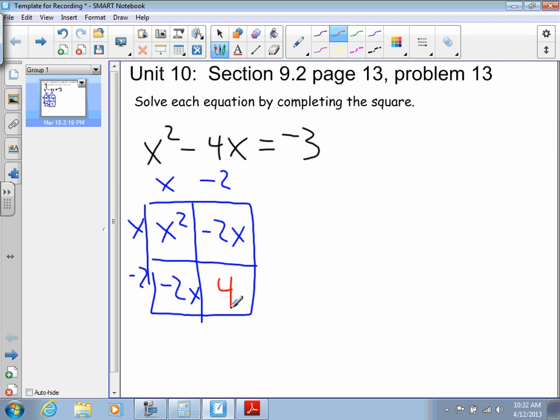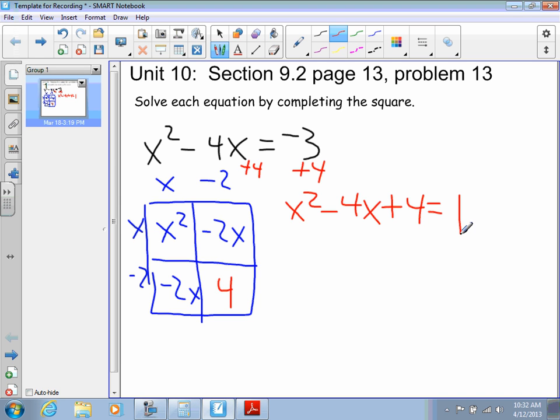So I'm going to take this equation and I'm going to add 4 to this side and add 4 to this side. Let me go ahead and put it over here now. I now have x squared minus 4x plus 4 equals 1, negative 3 plus 4.